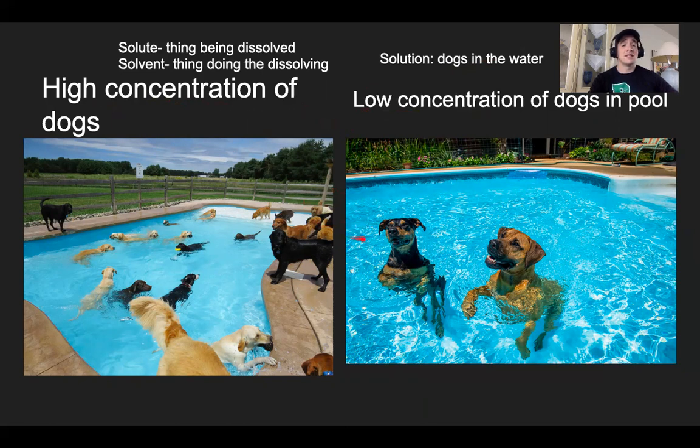If they're the same size, and I have 2 in each pool, then they both have the same concentration. If one of them was bigger than the other, they would have different concentrations, even though they both only have 2 dogs. So this one has a higher concentration because there are more dogs in the same given space compared to this one over here, which only has 2 dogs in the given space.